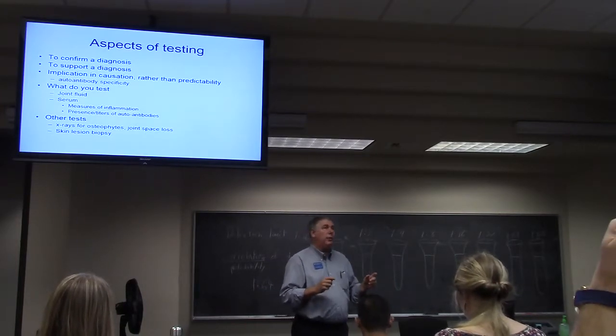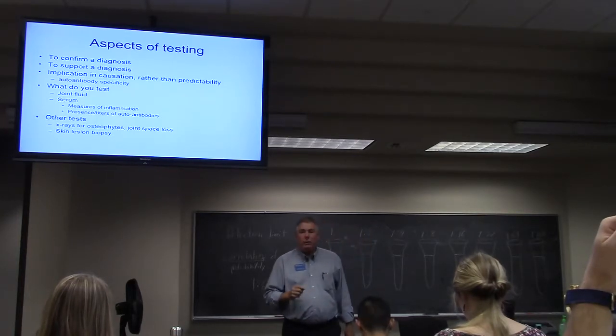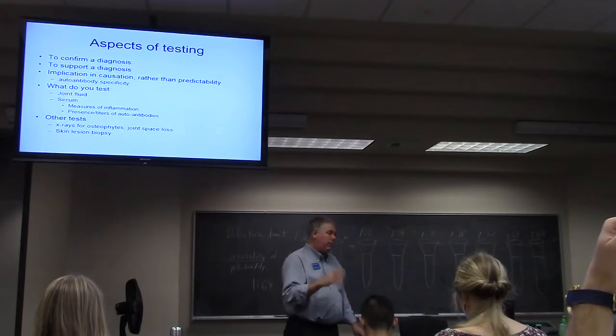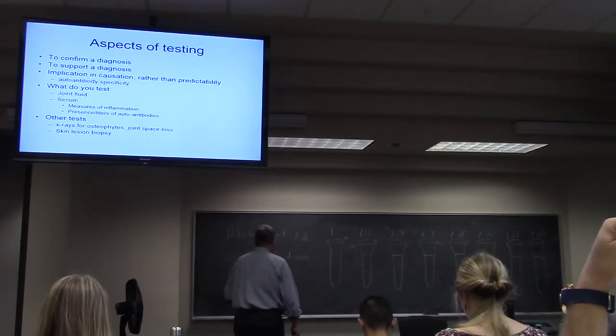And a lot of those predictability tests, some of them anyway, are based on titers. So this is what you need to know about titers. I don't know if most of you probably understand titers, but let me go over here.